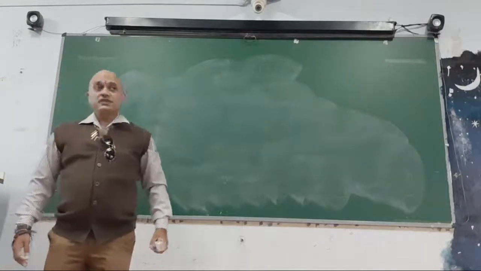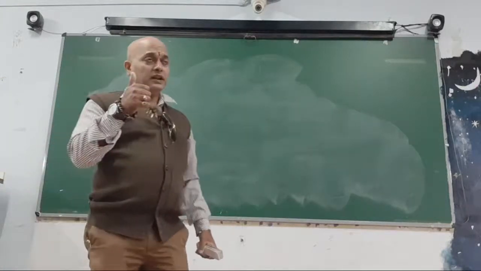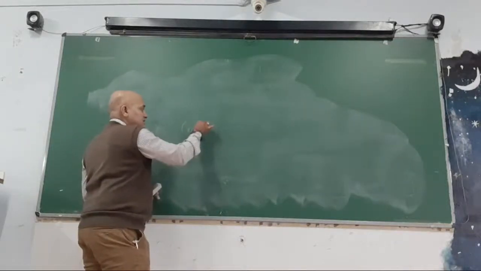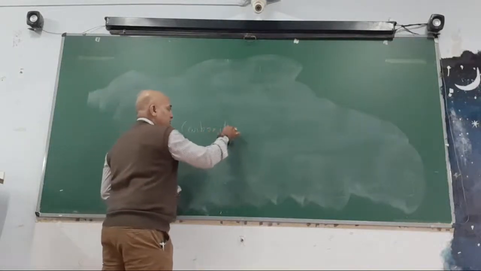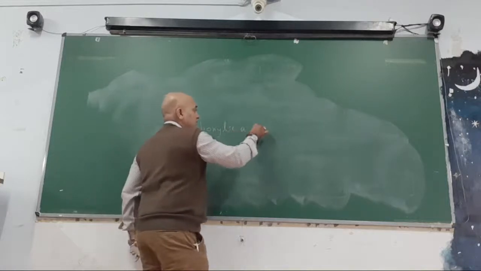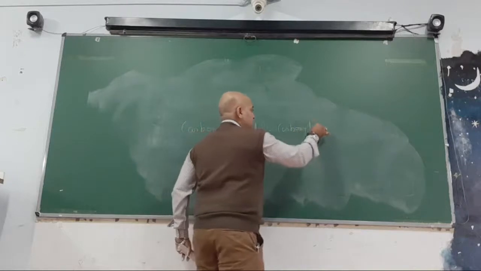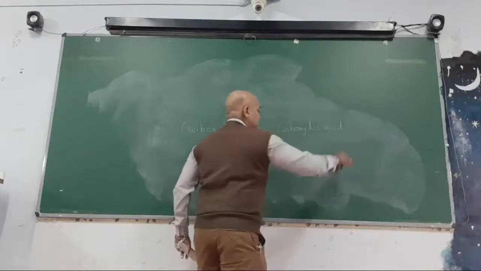So that's why the physical properties of carboxylic acid are majorly decided, first, by intermolecular interaction, where carboxylic acids make hydrogen bonds with each other. That is one thing.